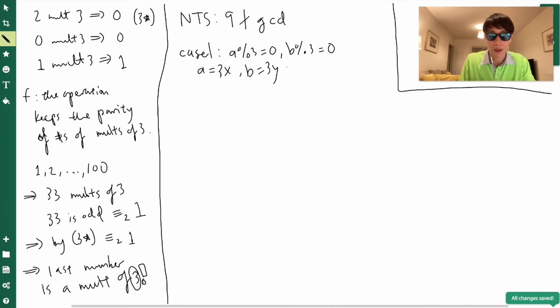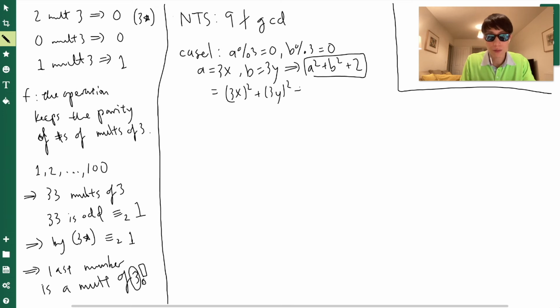And then if we take a look at the first function that we plugged into the GCD originally, this a squared plus b squared plus 2, that is actually just going to be equal to (3x) squared plus (3y) squared plus 2. And squaring the 3's here, you're going to get 9 times (x squared plus y squared) plus 2.